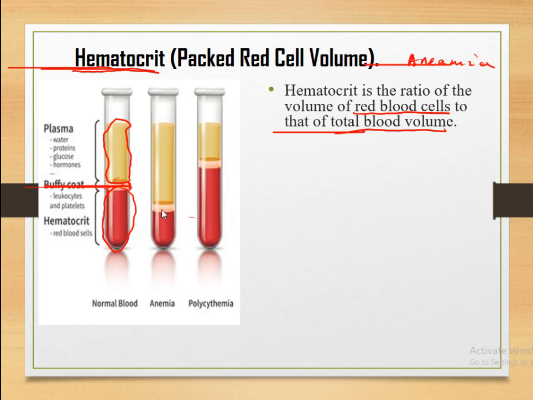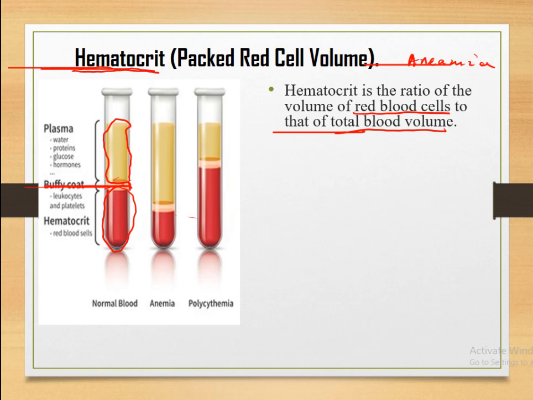If you compare this beaker and that beaker and that beaker, you find that in case someone is suffering from anemia, anemia is a condition whereby there is a less amount of red blood cells in the blood.